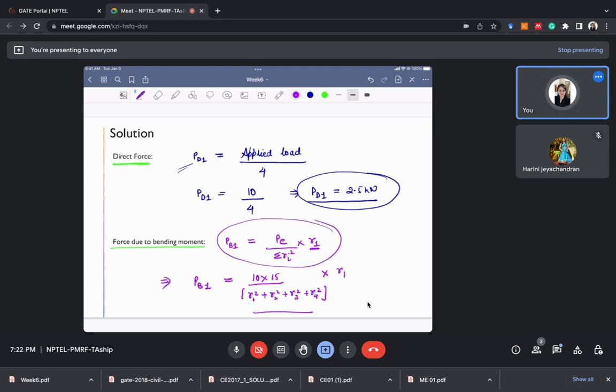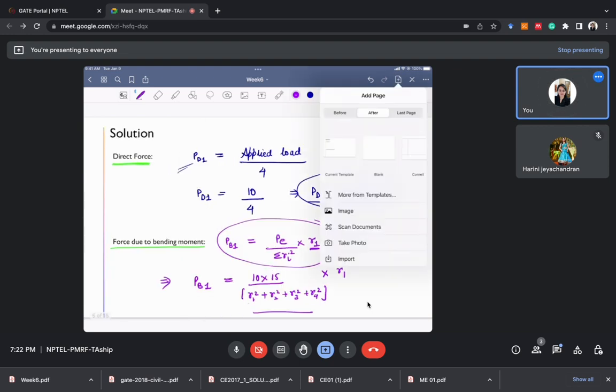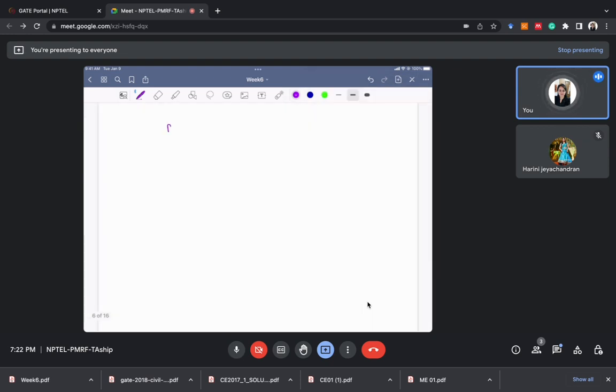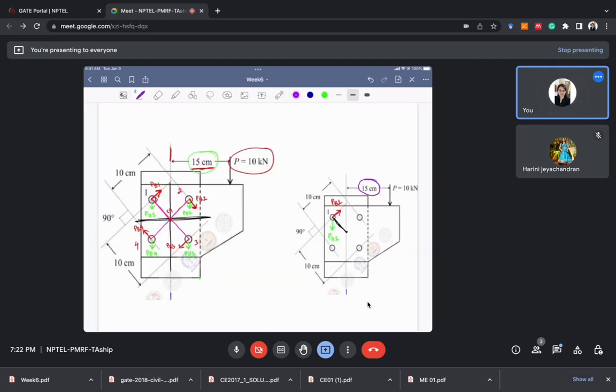Now we will put all the values here. To calculate PB1, we write P into E, so 10 into 15. What is the value of R1, R2, R3, R4? In this case, this entire length is given as 10 centimeter, so half of it is 5 centimeter.